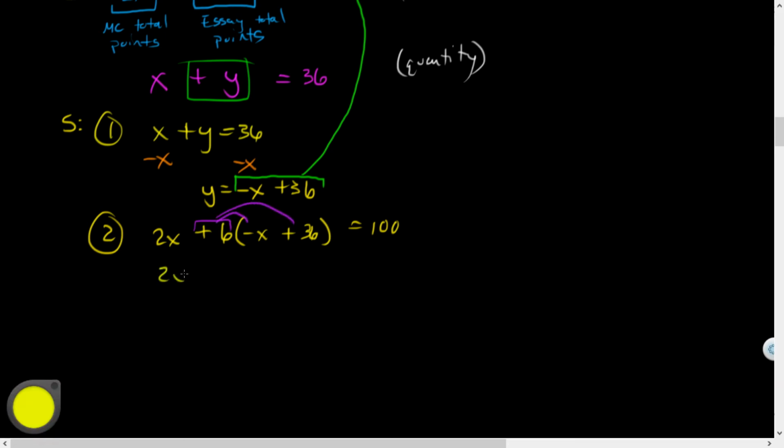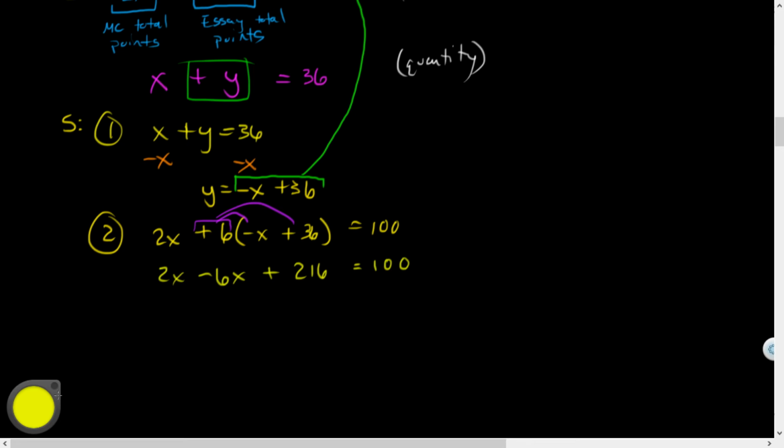Let's distribute and solve. 2x. 6 times negative x is negative 6x. 6 times 36 is plus 216. Equals 100.